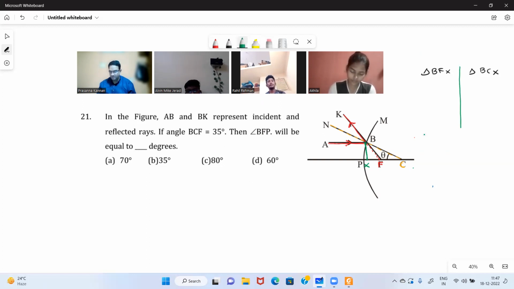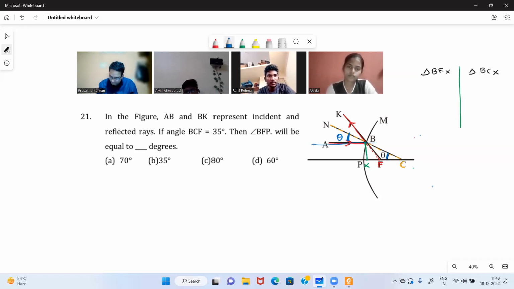Now, can you tell me what this angle is? This angle is known. 35. Yes, this will also be theta. Why will this be theta?